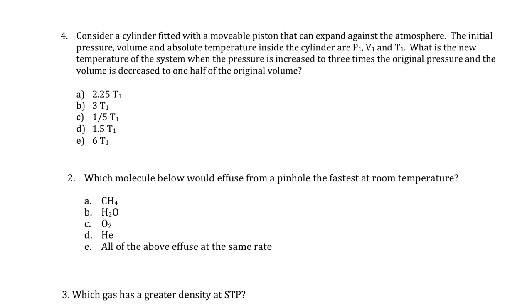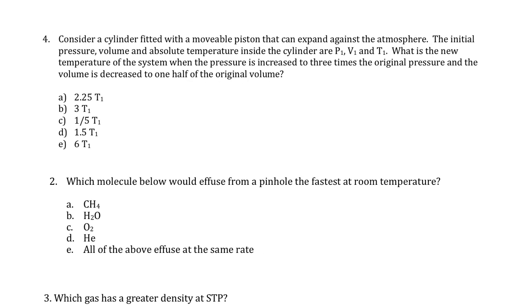Let's look at some chapter 10 questions. Consider a cylinder with a movable piston that can expand against the atmosphere. So something like this. The initial pressure, volume, and absolute temperature inside the cylinder are P1, V1, and T1.